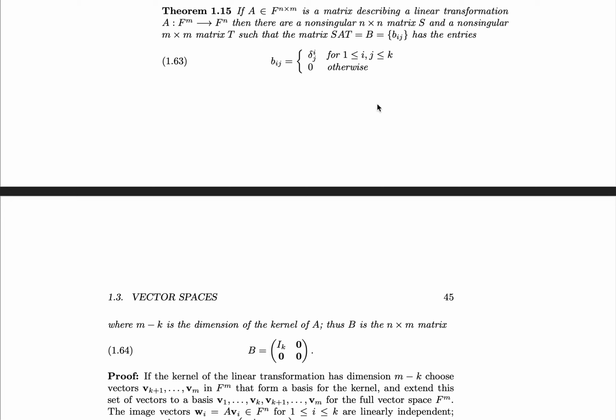That is, the first vector in the basis of the first space gets sent to one copy of the first basis vector of the second space, and no other copies of elements of the second space, and so on and so forth, for up to k vectors, because m minus k is the dimension of the kernel of A. So the rest of those m minus k terms get sent to the 0 vector, and therefore the mapping sends them to 0.